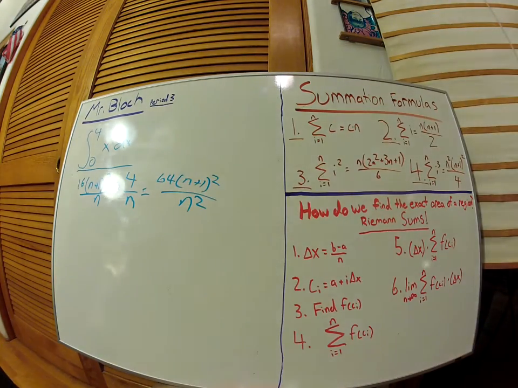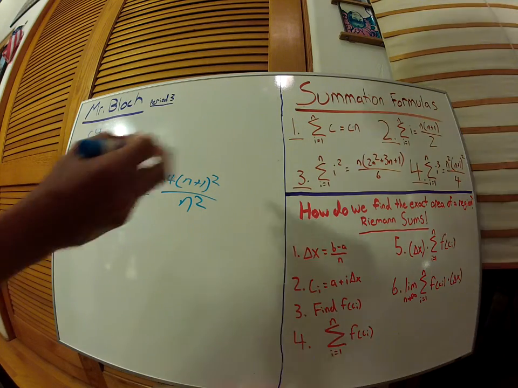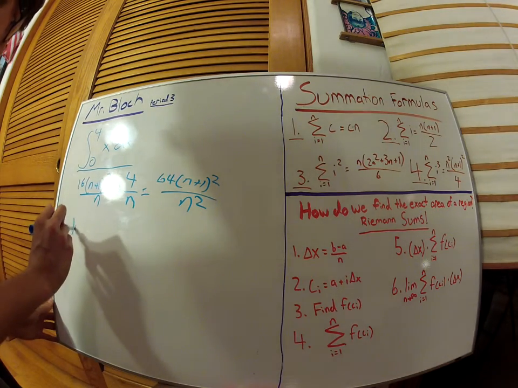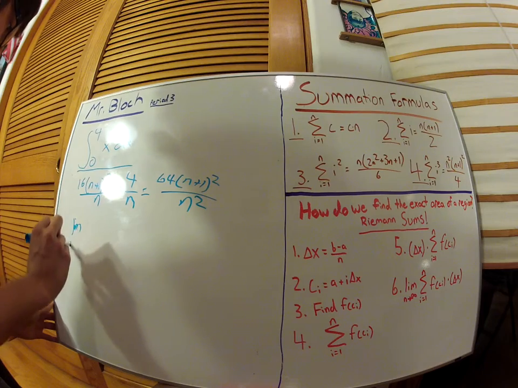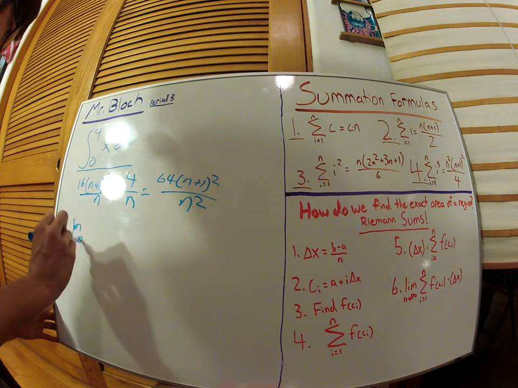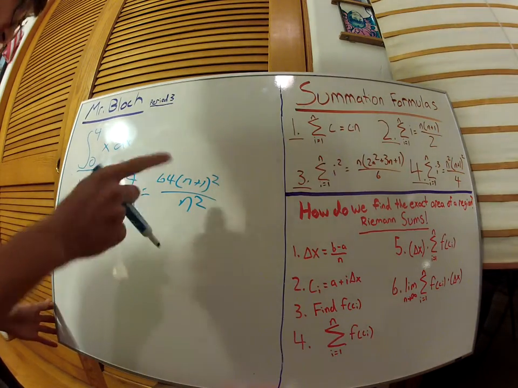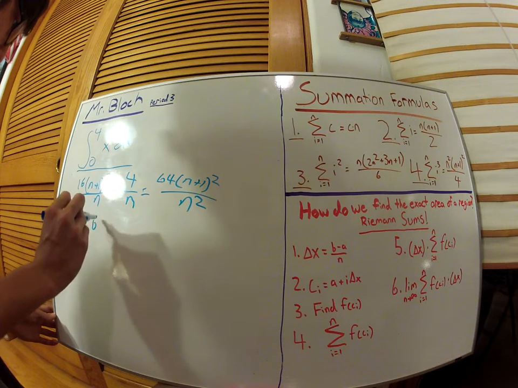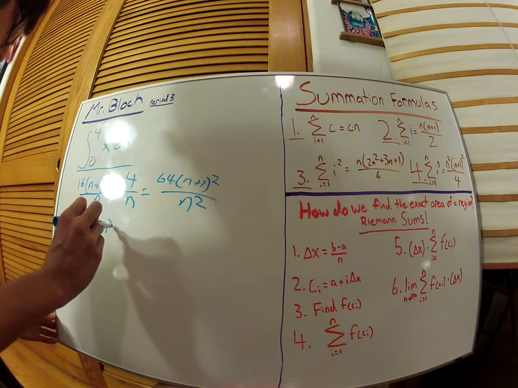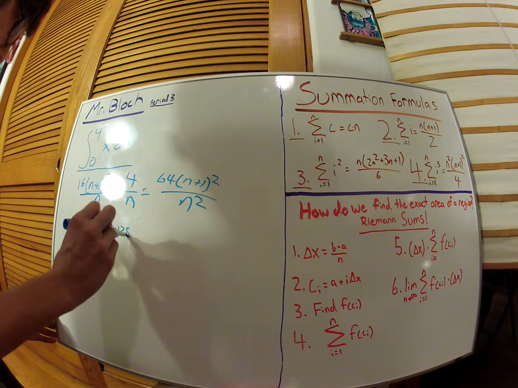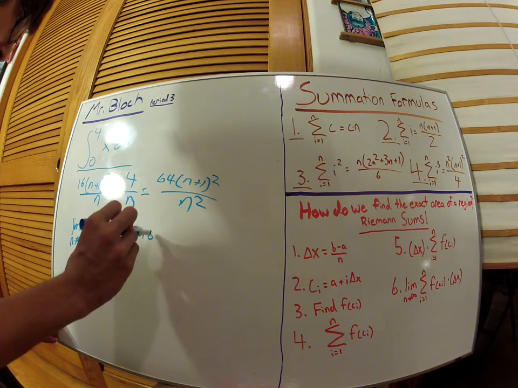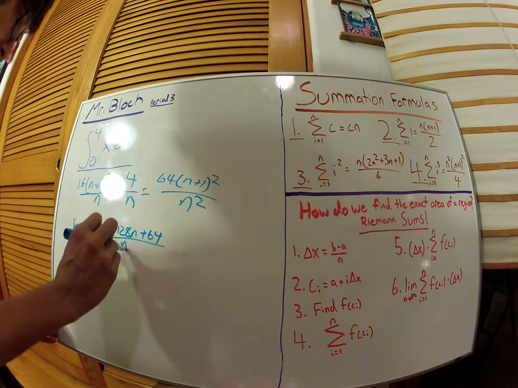Now on to the 6th step. We want to find the limit as n approaches infinity of this. So to simplify this a little bit, I'm going to write 64n squared plus 128n plus 64 all over n squared.